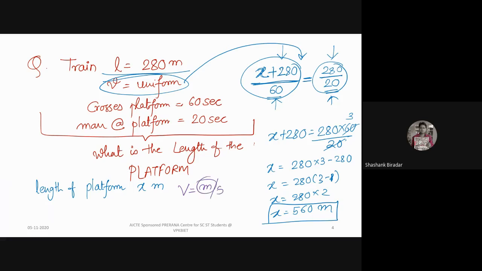Here we have the distance, here we have the time. The distance to cross the platform is the platform length along with the train length, and the duration required for that. To pass the person standing on the platform, only the train length is required. So 280 upon the time required to pass that person standing on the platform.